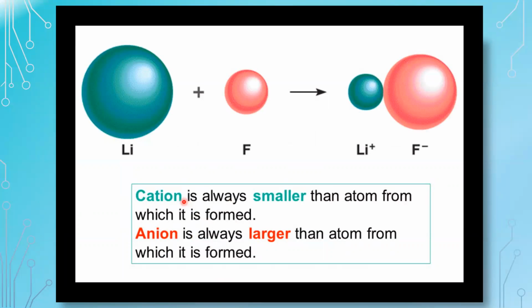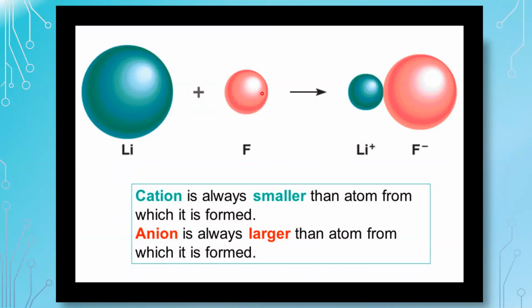Now, what are cations and anions, and how can we compare their sizes? A cation is always smaller than the atom from which it is formed. Why? Cations are positive ions formed after losing electrons. You can see here lithium. Originally it's big, but when it becomes a lithium ion, the size reduces.